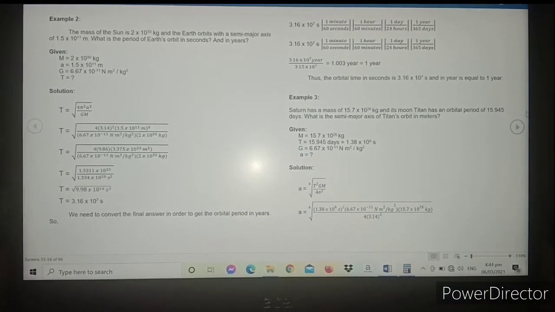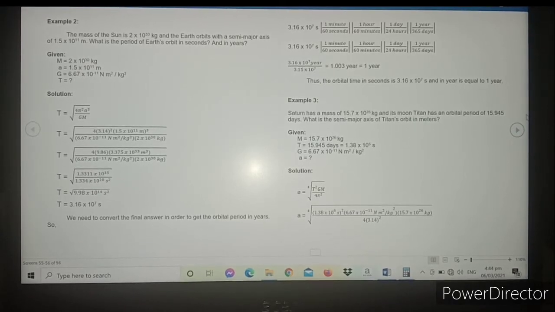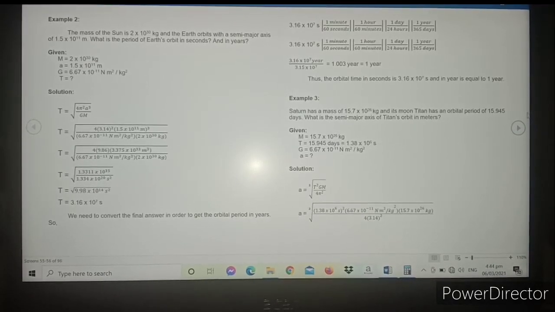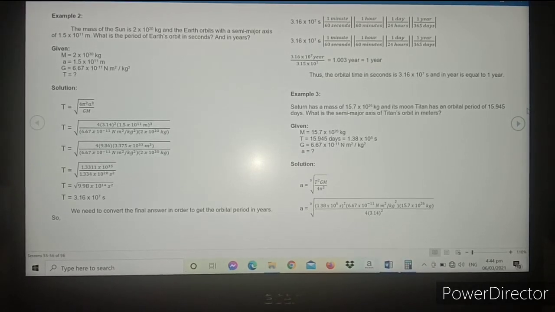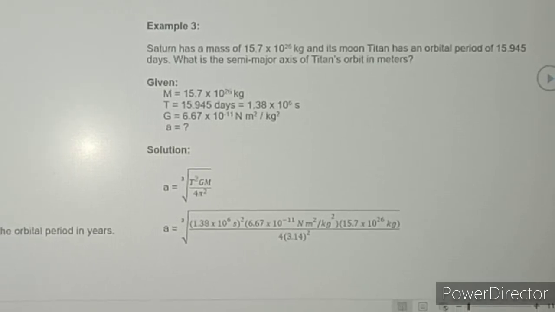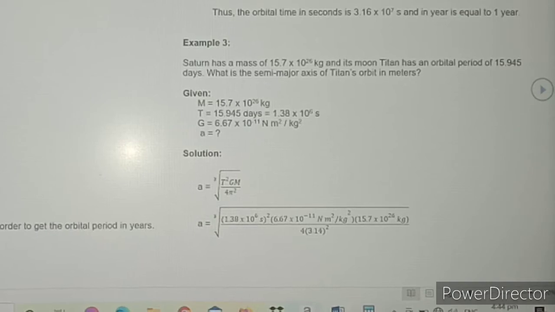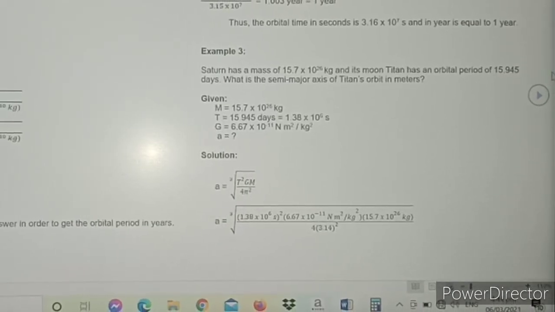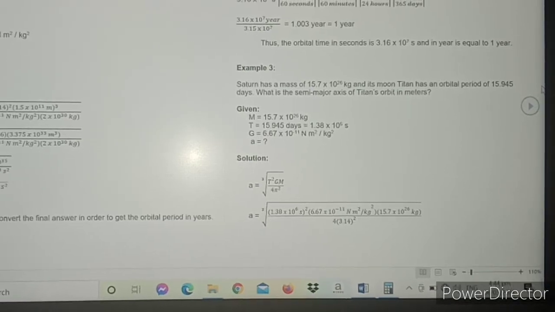And for the last example, we need to get the semi-major axis. Okay? Or the orbital radius. So, we have the sample word problem. Saturn has a mass of 15.7 times 10 raised to 26 kilograms and its moon, Titan, has an orbital period of 15.945 days.